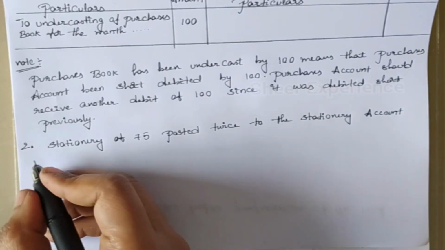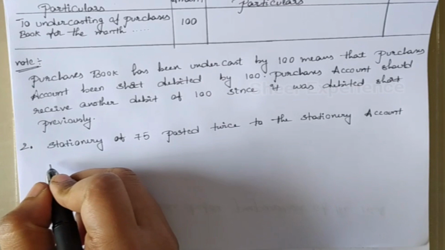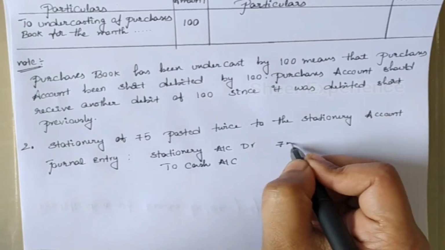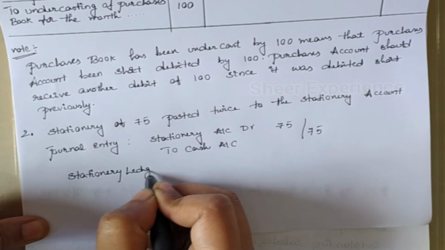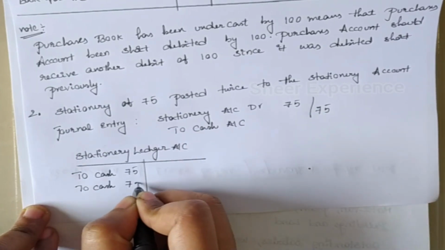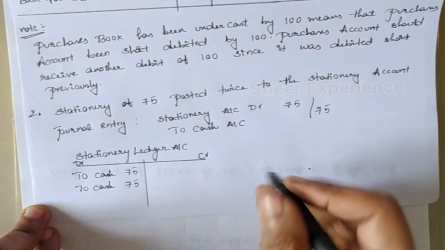Our next error is stationery of 75 posted twice to the stationery account. Whenever we buy stationery, what is the journal entry? Stationery account debtor to cash account. So in the stationery ledger account, we will mention 'To cash' on the debit side. Instead of posting once, we have posted twice.